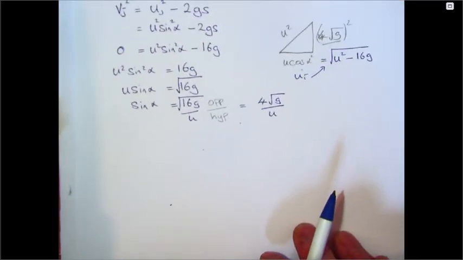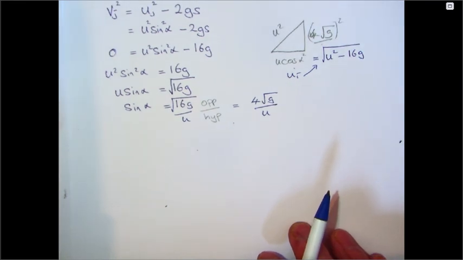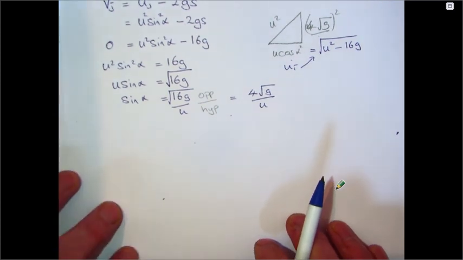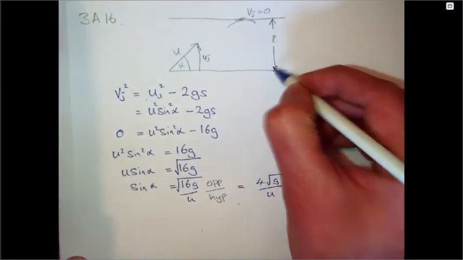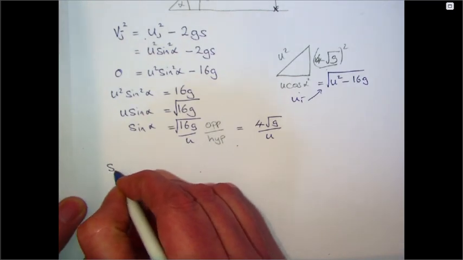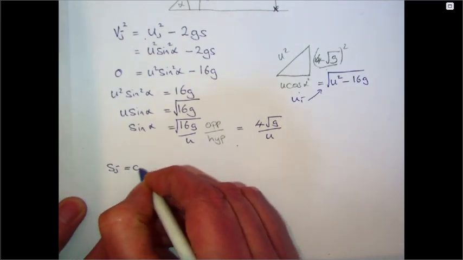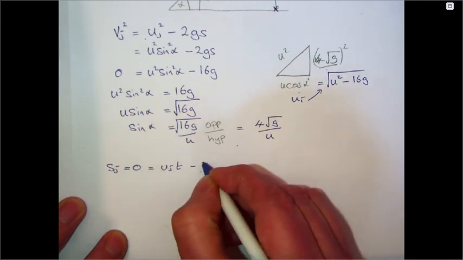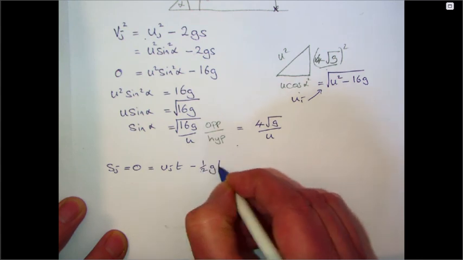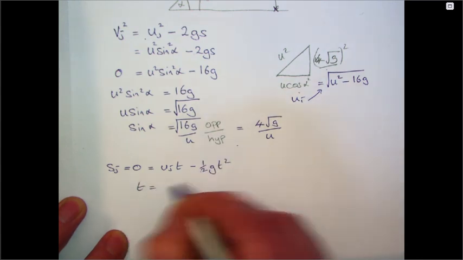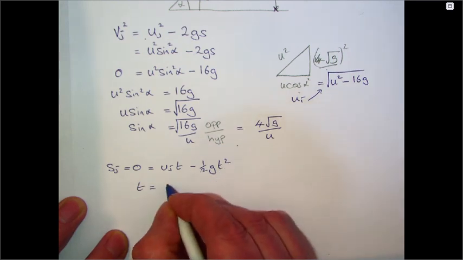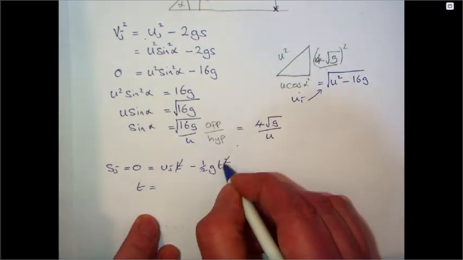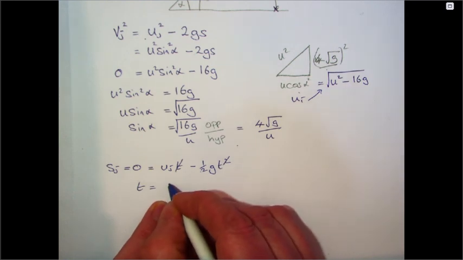The next thing we're going to do is find the time, because that's the last thing I'm missing. What time are we talking about? The time when it strikes the floor. So that's s of j equal to 0. s of j is equal to u of j times t minus a half g t squared. You've seen this before, you should be getting used to the pattern. t cancels, so I've got t is equal to 2 u j over g.